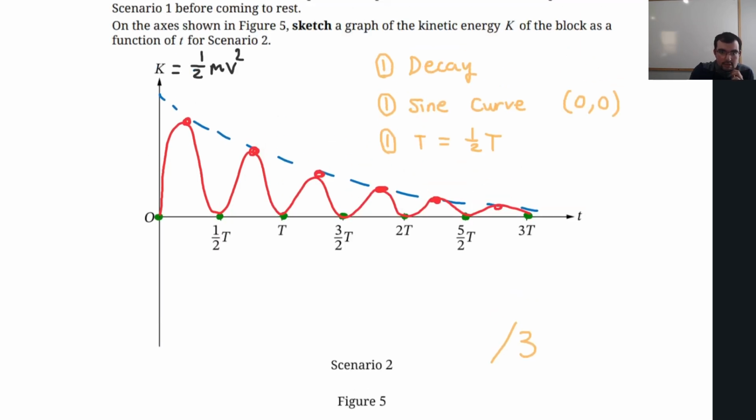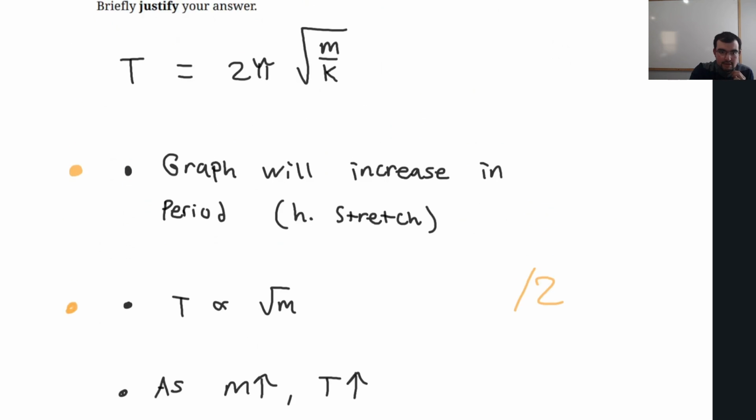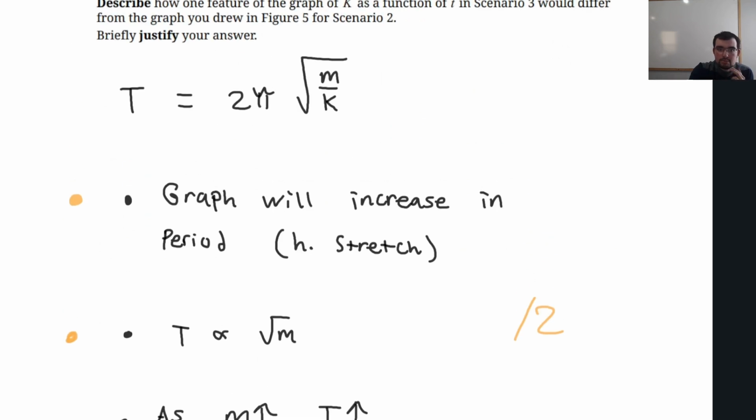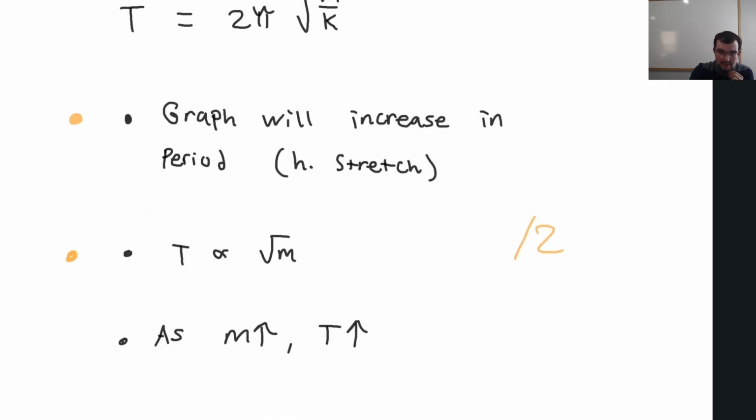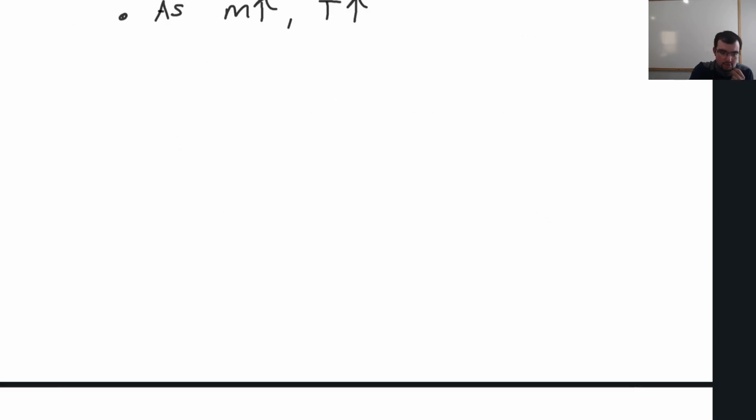Again, the one that I think is the easiest to get is the fact that since the period is proportional to the root of the mass, if you're increasing mass, your period increases, so it stretches out. I don't know if you explicitly had to say if it stretches out, or if you could say period increases. I feel like anyone knows the word period is referring to the horizontal distance, but just to be safe, I wrote it was a stretch.